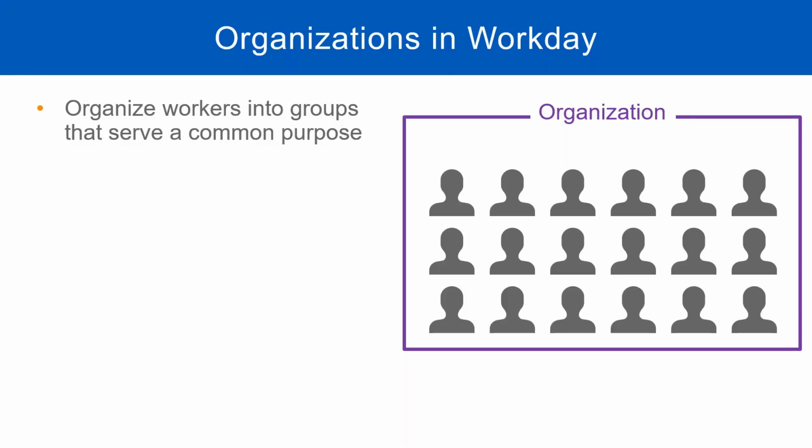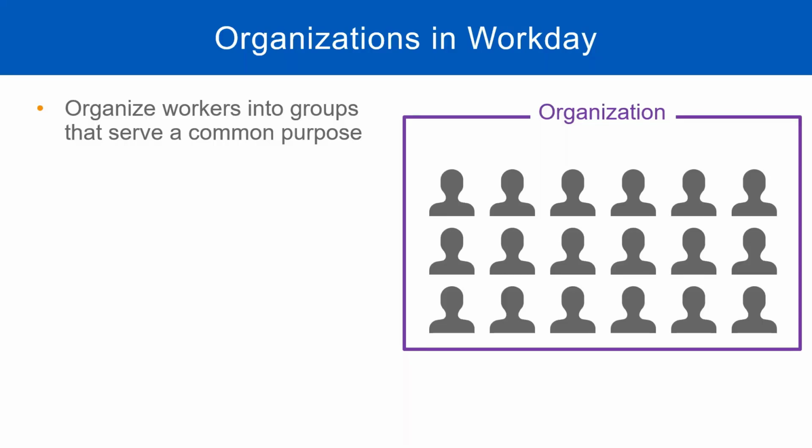We will not equate organization with a company or a department. No, it does not necessarily mean that. It can mean many different things. We will take organization for the literal meaning of the term, which is a group of workers that serve a common purpose.